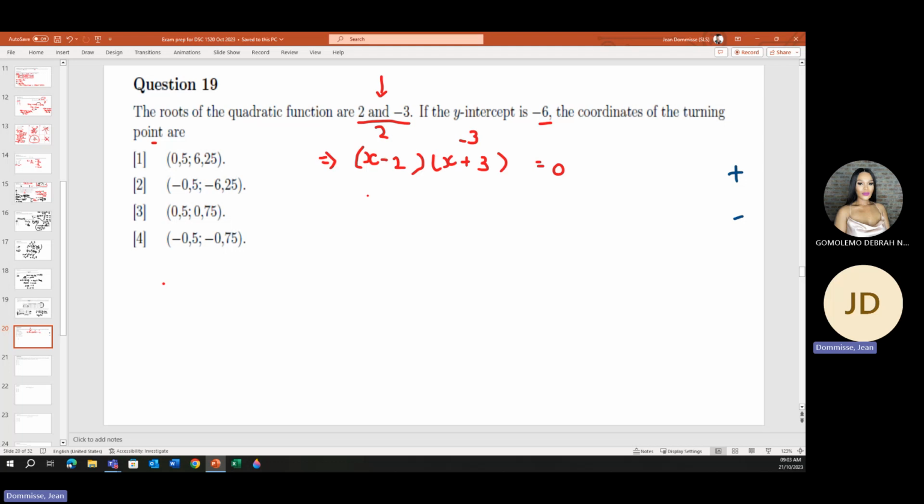Okay, then the other thing we can calculate that now by multiplying out the traditional way. So it will be x squared, it will be plus 3x minus 2x, and then hopefully the minus 6 will be the same as your y-intercept.